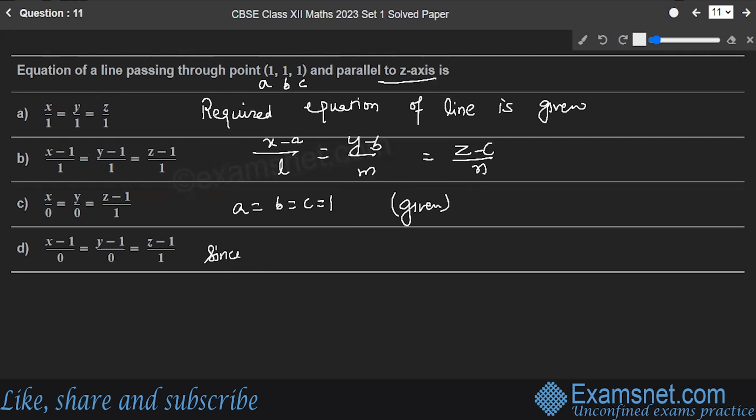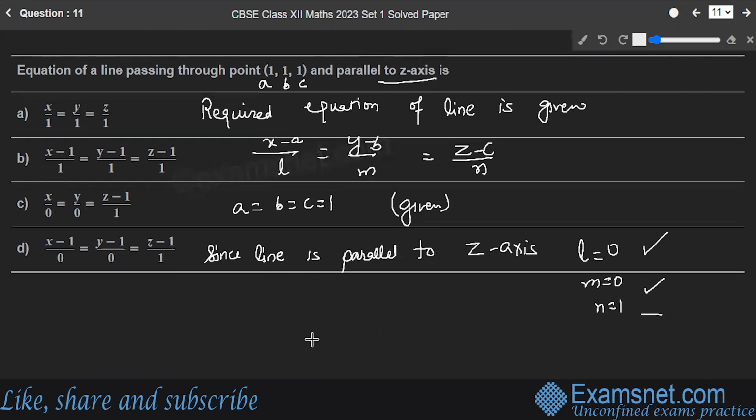Since the line is parallel to z-axis, therefore l is equal to 0, m is equal to 0, and n is equal to 1, because x and y components will be 0.